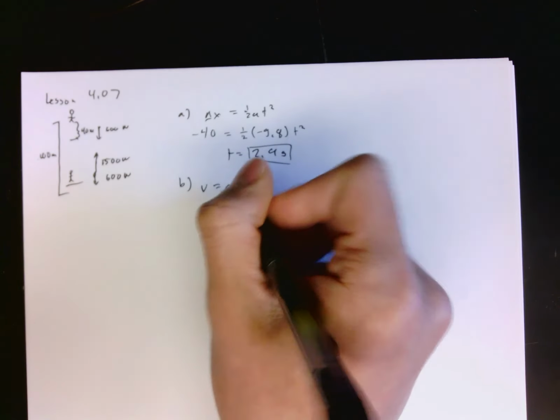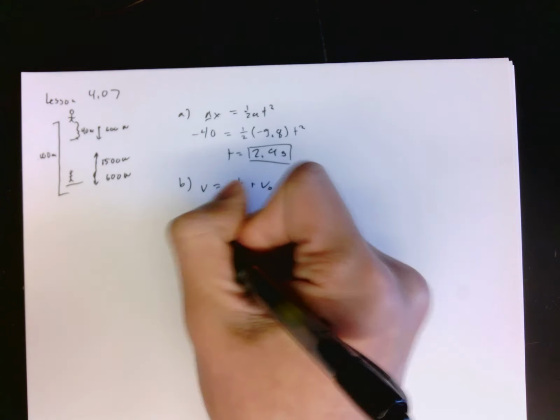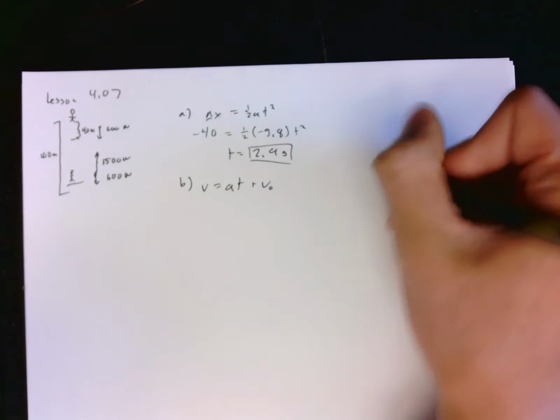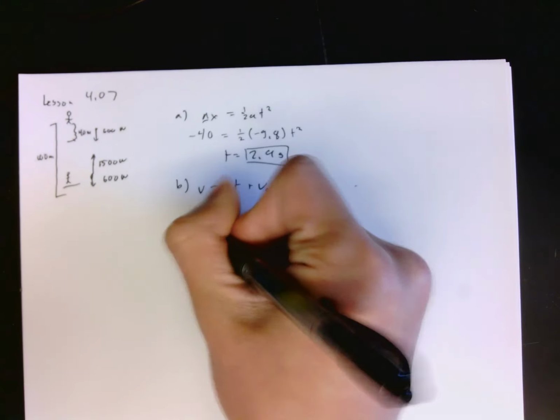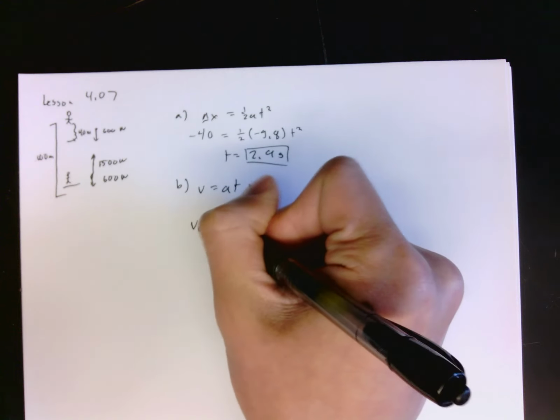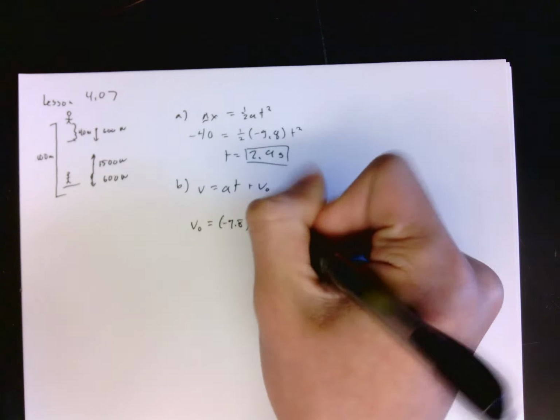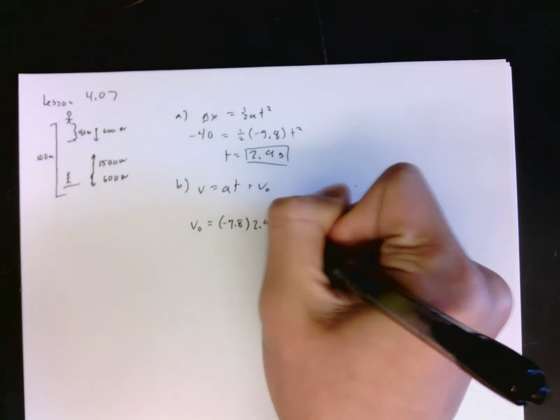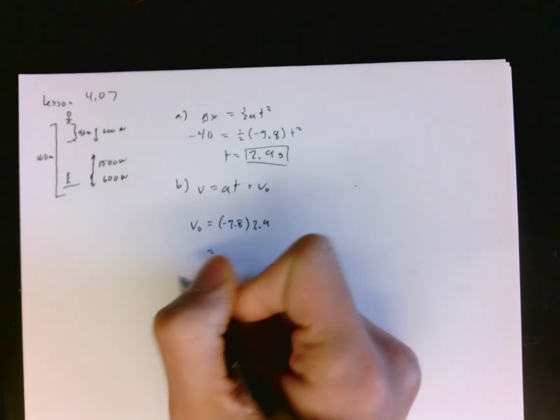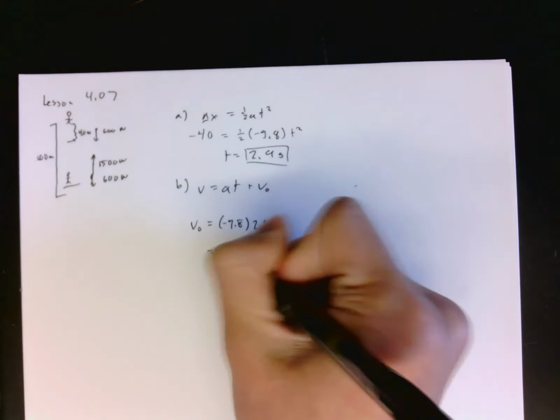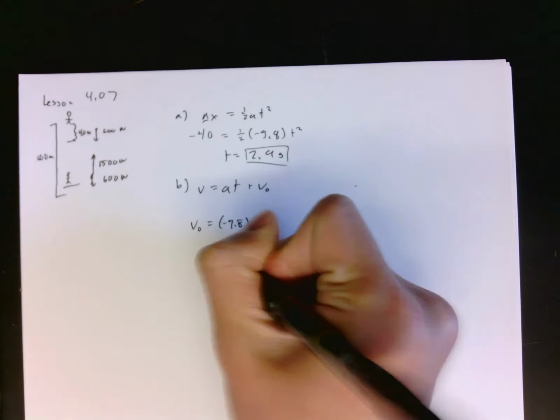And to find that, we can use what we know from the first question. His acceleration was negative 9.8 times the time that we found, which is 2.9. And that should be negative 28 meters per second.